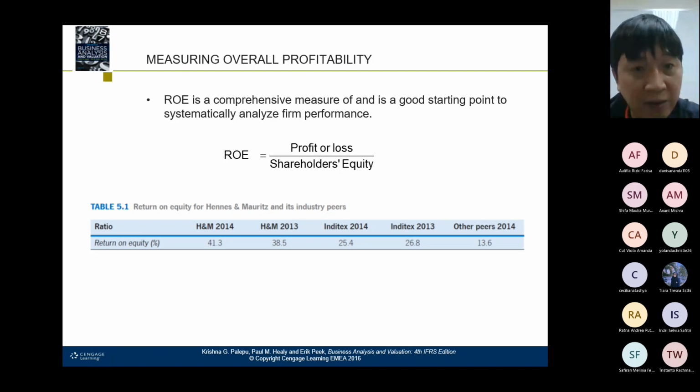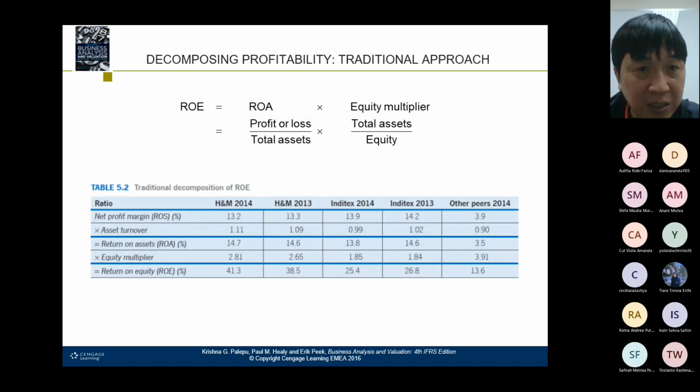ROE is a comprehensive measure and a good starting point to systematically analyze firm performance. We can decompose ROE into two items. The first is ROA, and the other is the equity multiplier.